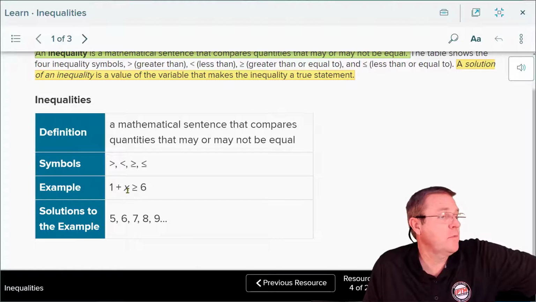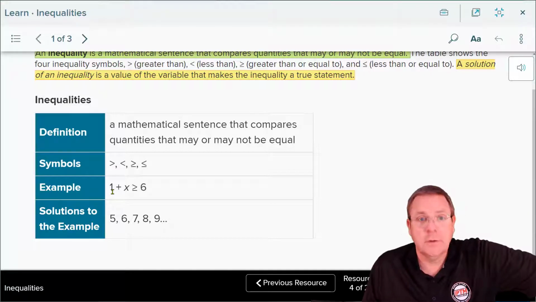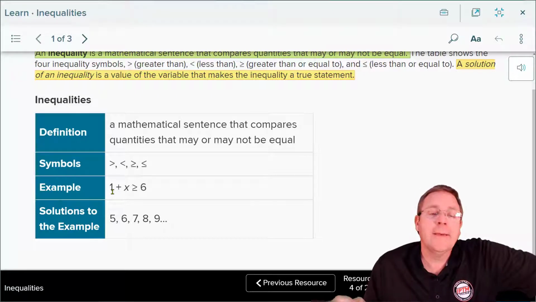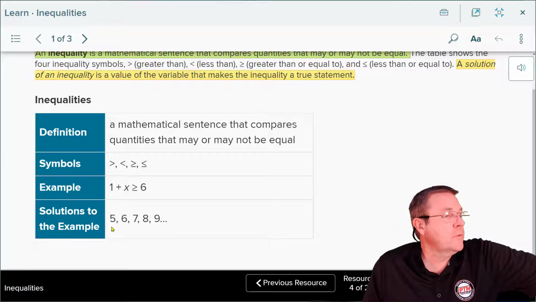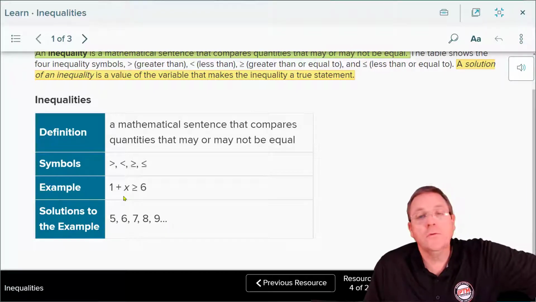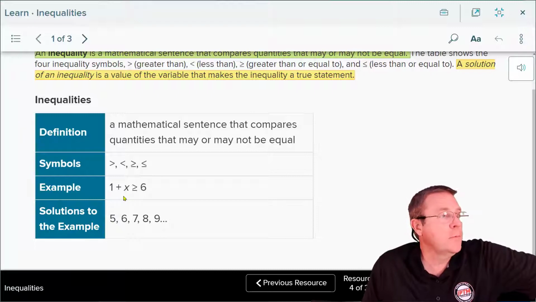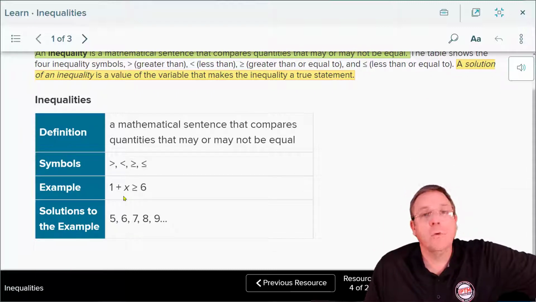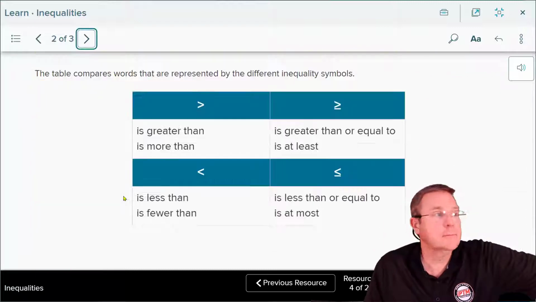So for example, if I put 6 in for x, 6 plus 1 is 7. 7 is greater than or equal to 6. That makes 6 a solution to the inequality. They give you example answers here: 5, 6, 7, 8, 9, and so on are all values you could put in for x that would be valid solutions to the inequality that they gave us.